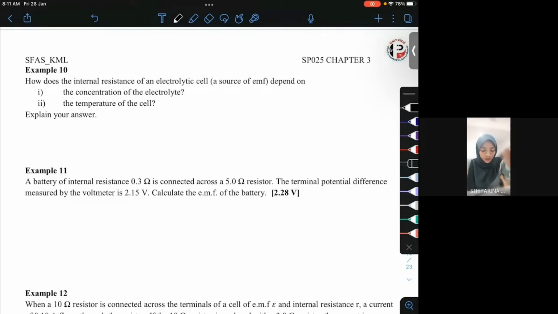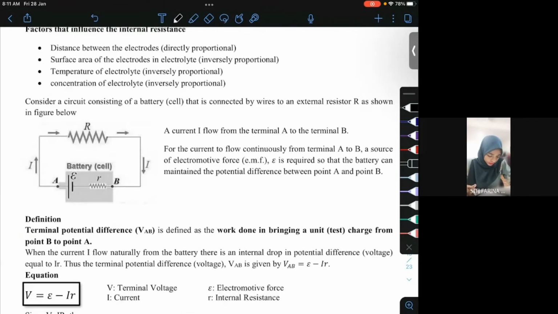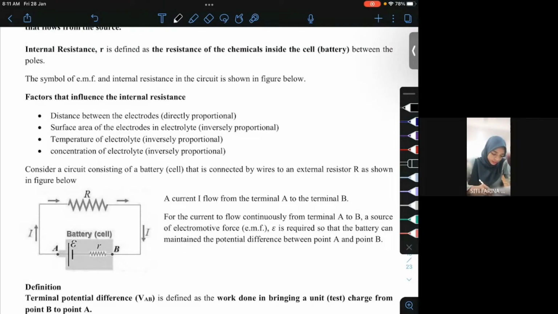Okay, kalau kita tengok dalam kita punya nota ni, kita ada tulis pasal factors that influence the internal resistance. Okay, so dekat sini dia ada mention that for the concentration, mereka adalah inversely proportional, and for the temperature, dekat sini dia pun cakap inversely proportional.